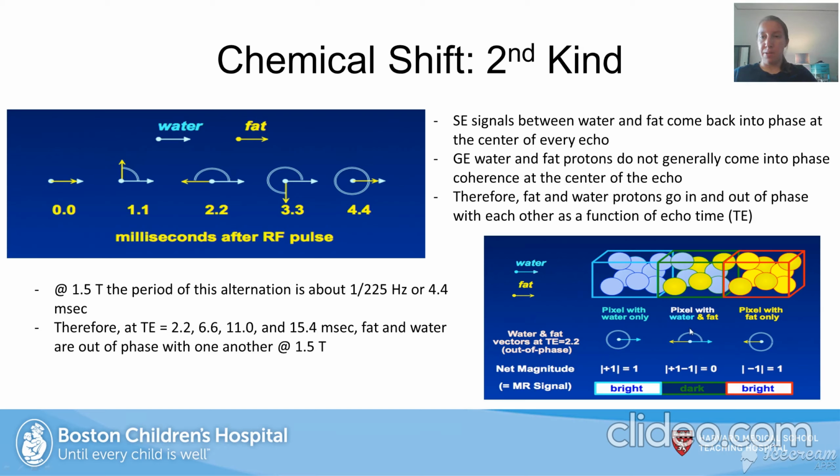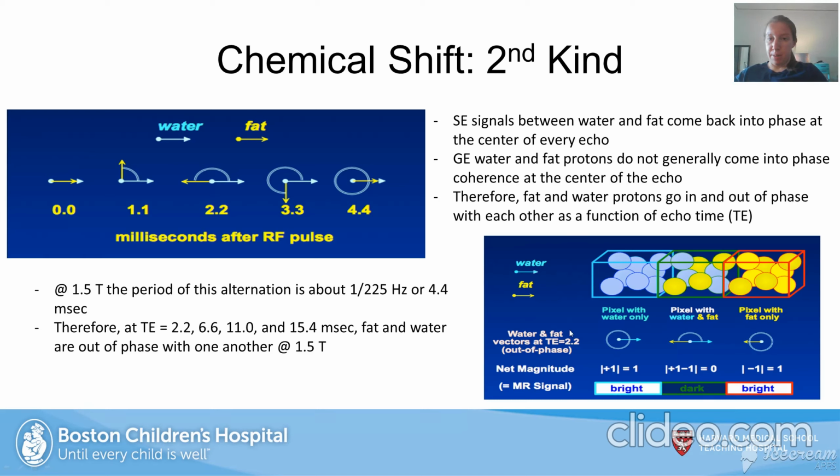If you use a spin echo technique, you might not see that, because that technique tries to refocus everything so that they're in phase with each other. But with something like a gradient echo, they don't generally come into phase coherence at the center of the echo.